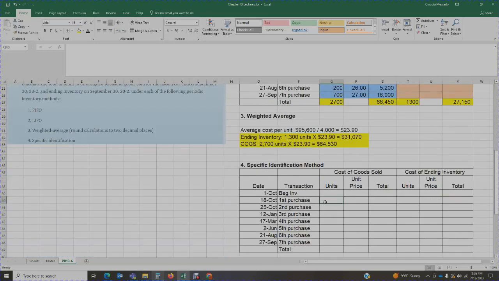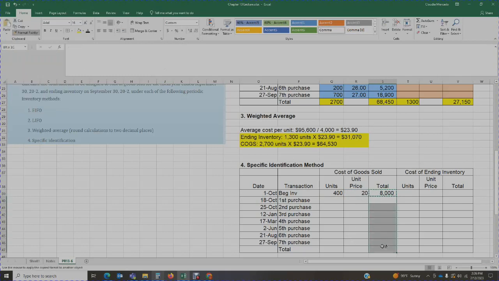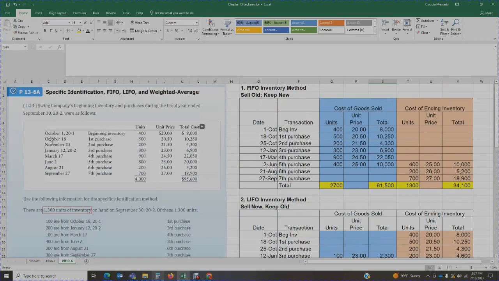So we have 400 units at $20 apiece. That's going to give me 8,000. That is what we have as sold because we didn't keep any. Next, we go to October the 18th.